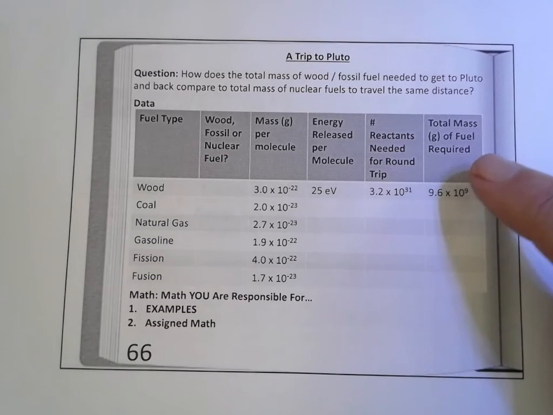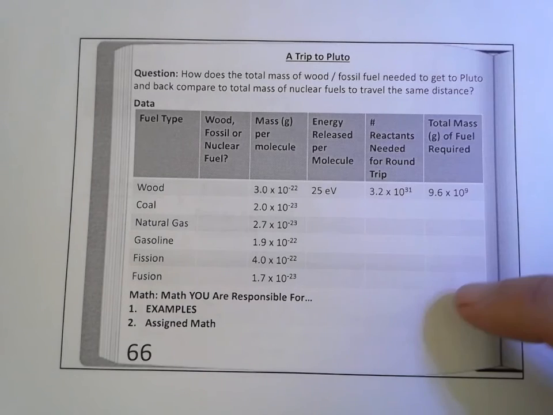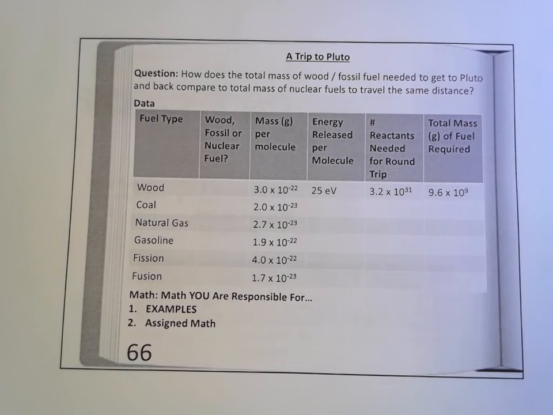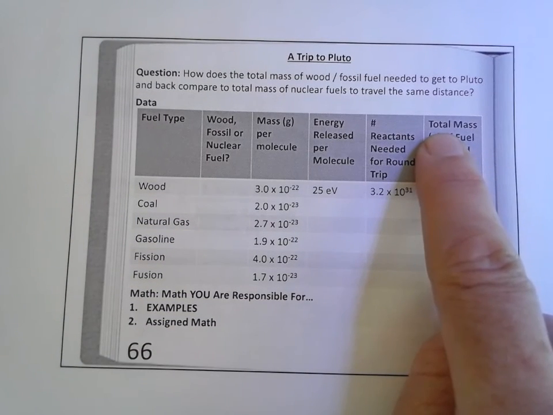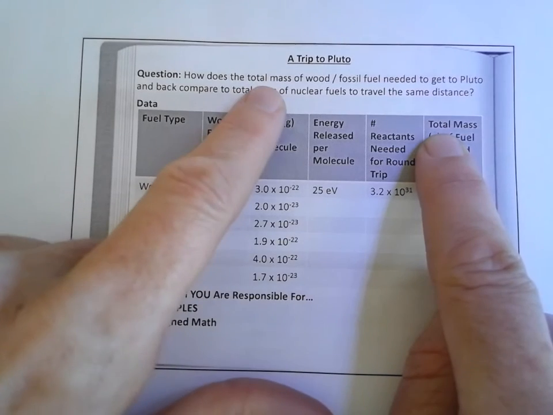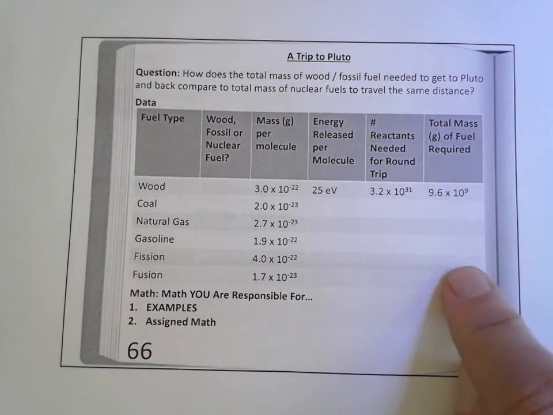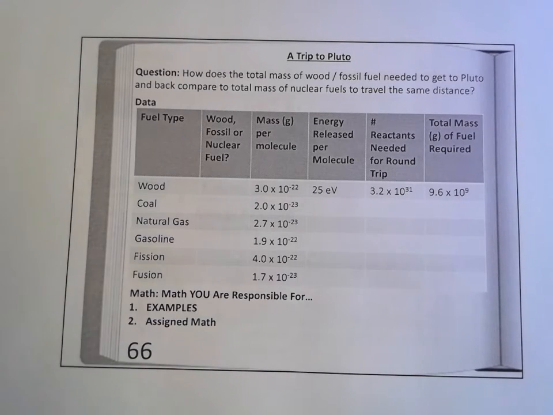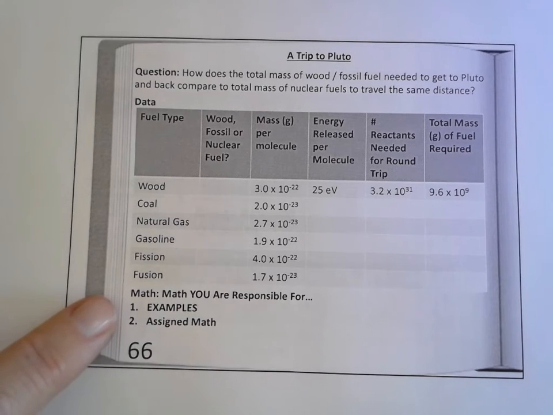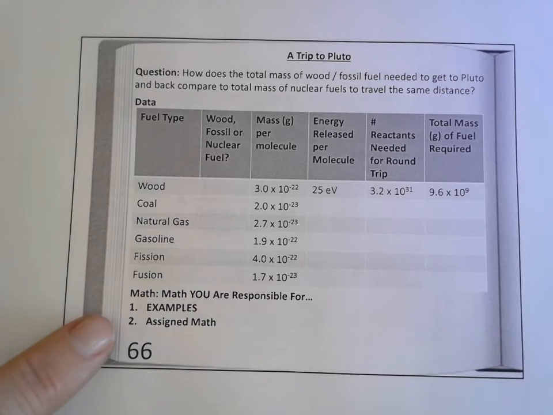So this is the column we need in order to answer that question, because look, they both have total mass. So you have to get these numbers to answer the question. You're responsible for a notebook check to have the title, question, data table, and then the math that you're responsible for, the examples I'm about to show you in other videos and your assigned math.